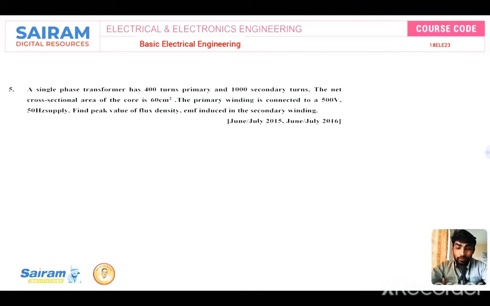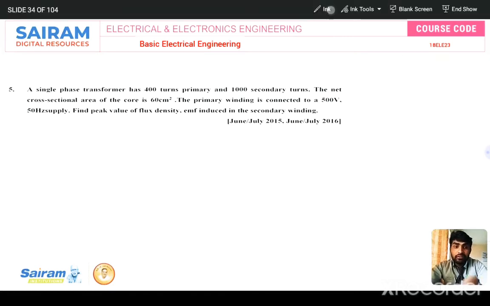So this is an examination problem, okay? A single phase transformer has 400 turns. N1 they have given 400, right? N1 is 400. And primary turns and 1000 turns secondary. N2 is given 1000. Okay.